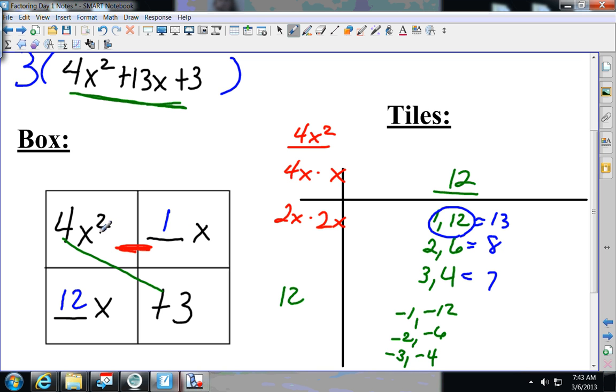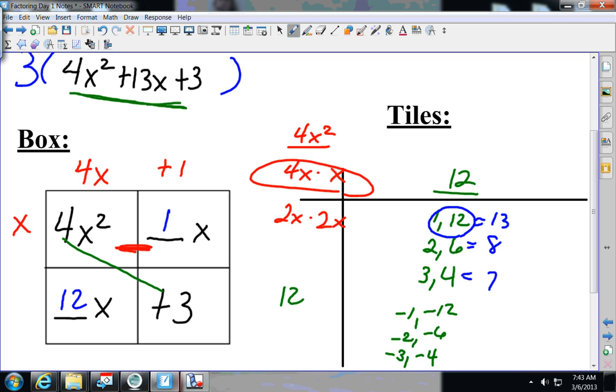A 1 what? A 1x. I'm just going to put an x here. So look, which one of these has a 1x? This one does. The other one up here would have to be 4x, because out of these two, what's the GCF? Out of 3, a 4 and a 4 goes into 4. That's why I'm saying be very careful. You remember, you have to see if this number goes into that one. Okay? Now, x times what gives you 1x?